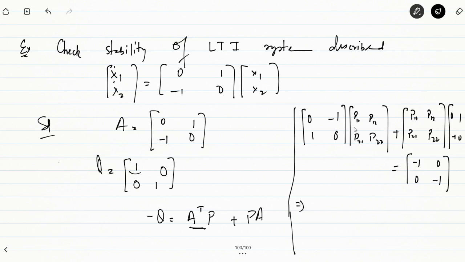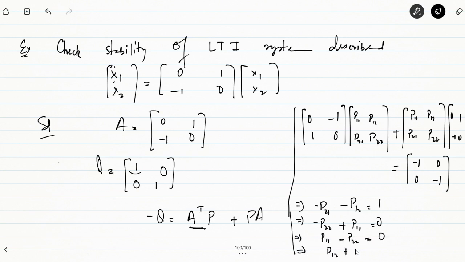Once we multiply these and then add them, checking the negative signs, we get minus P21 minus P12 equals minus 1, minus P22 plus P11 equals 0, and P11 minus P22 equals 0, and P12 plus P21 equals 1. So we have 4 different variables and 4 equations.